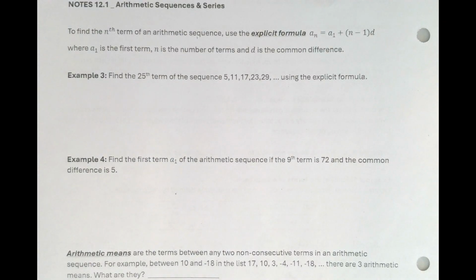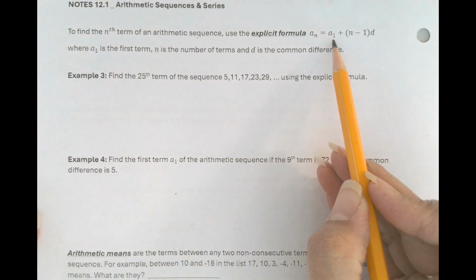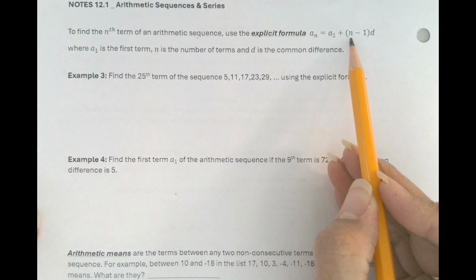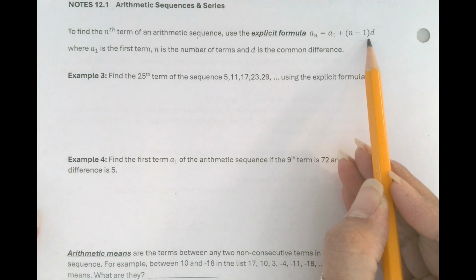Sometimes you will be given a sequence of terms and asked to find the explicit formula for that sequence of terms. You will see that the list of terms have a particular pattern, and developing a formula for that pattern helps you find any term in that sequence. The explicit formula for an arithmetic sequence is a sub 1 plus n minus 1 times d.